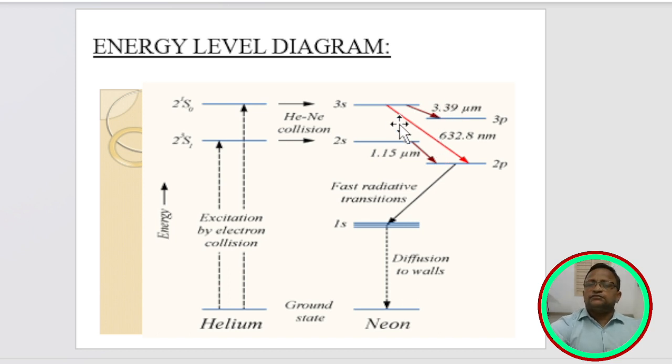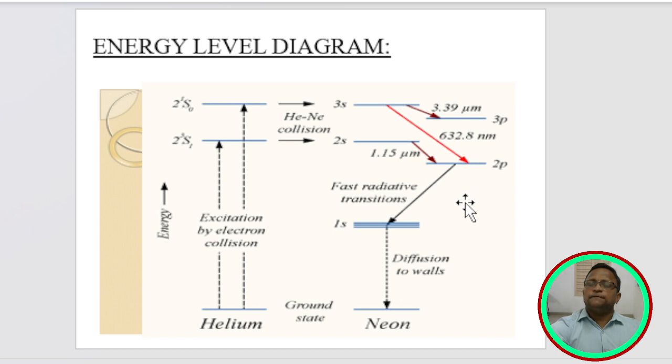So after some time, the excited neon atoms reach from the 3s state to the 2p state, and a few among the neon atoms come to the 2s state to the 2p state.